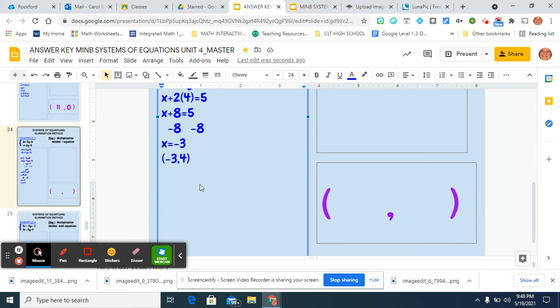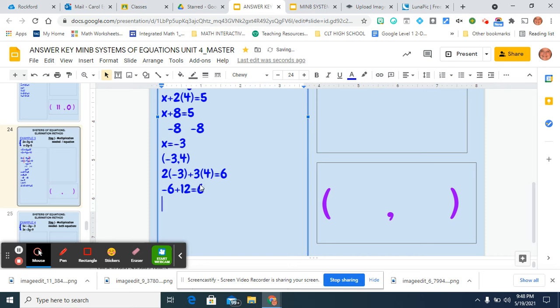So when I plug that back into the original, I'm going to have 2 times negative 3 plus 3 times 4 equals 6. Now I'm just doing the math. 2 times negative 3 is negative 6. 3 times 4 is 12 equals 6.